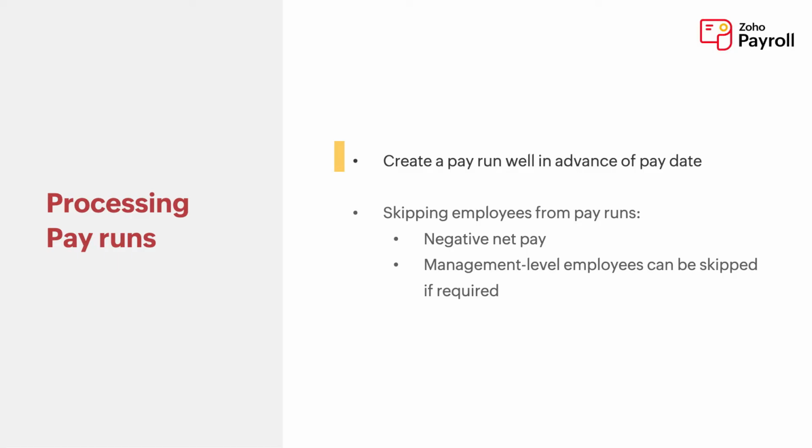That is how you'd be able to handle any negative net pay scenarios in Zoho Payroll. And again, in terms of management level employees, let's say you have a CEO or CTO included in your regular pay run. Some organizations might not want to pay their C-suite level employees in their regular pay runs. In such cases as well, you can use the skip employees option to skip them from the regular pay run if required.